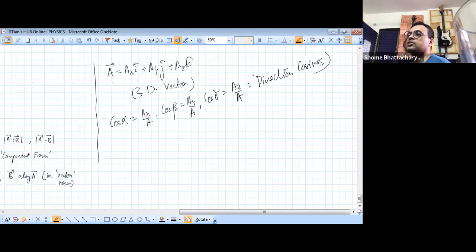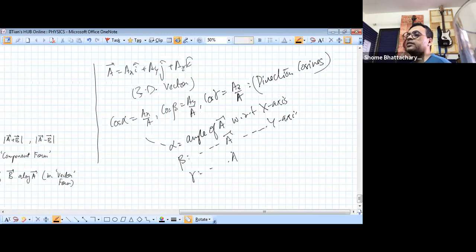You will find this in your notes. Okay. And here, alpha is the angle of vector A with respect to x-axis. Similarly, beta is the angle of vector A with respect to y-axis. Okay. And gamma is the angle of vector A with respect to z-axis. So when we have a vector given in three-dimensional form, this is what we do to find the angles.